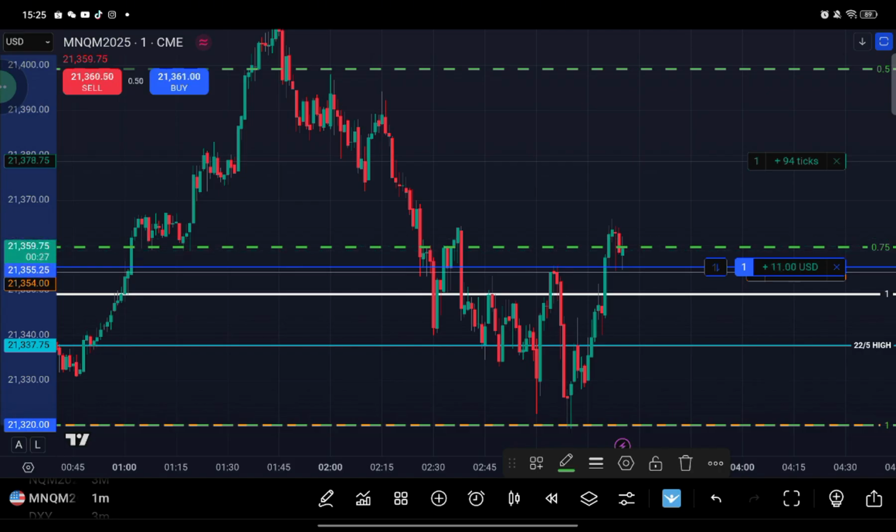I'll see it close above the tail midpoint. Okay, I'm trading on my tablet right now. Usually there are no profit figures there, but anyways, okay, my loss is minuscule right now.